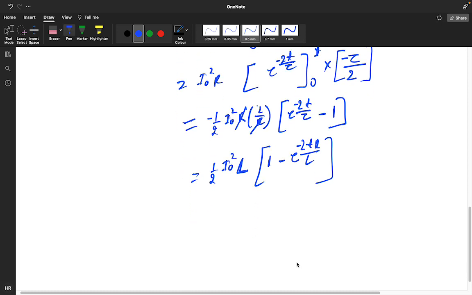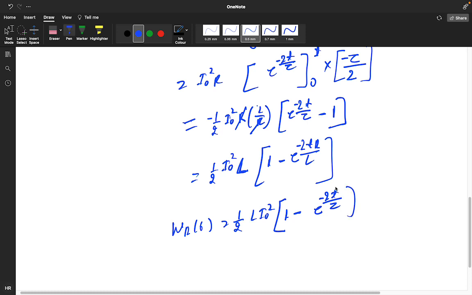So guys, what you are getting, the energy of resistor is half L I naught square into 1 minus e power minus 2t by tau.